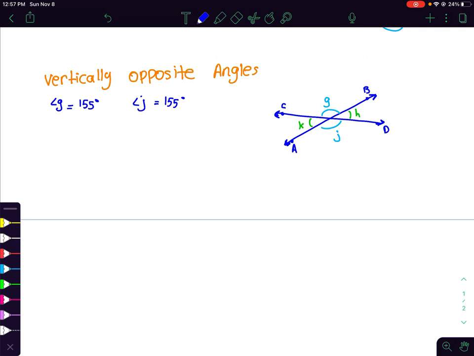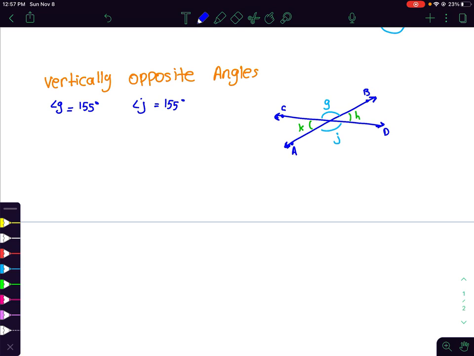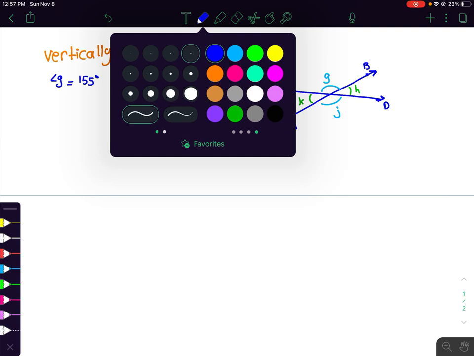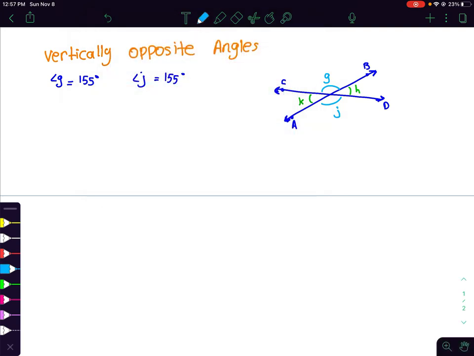They're the same because they are opposite from each other. That's why we learn vertically opposite angles are equal. Vertically opposite angles, okay? So now we're looking at the angle K, which is 25 degrees. What do you think the angle H will be? Yeah, 25.